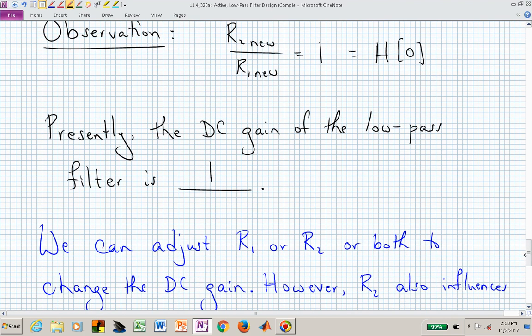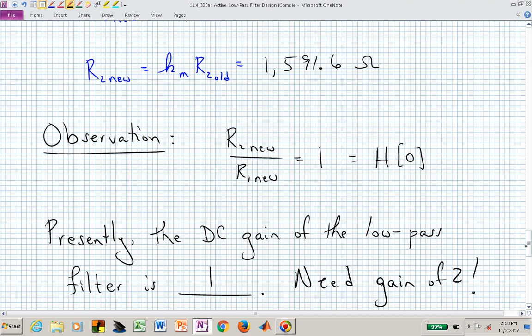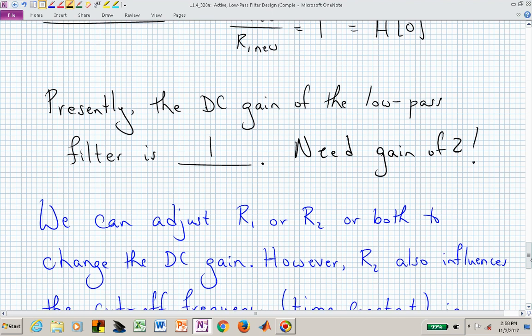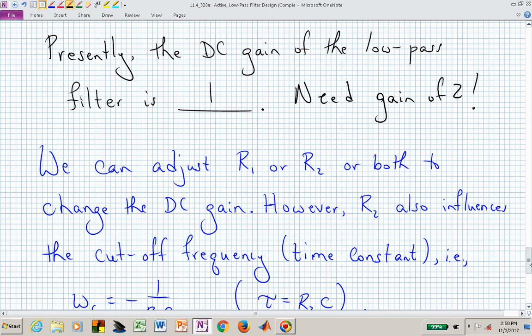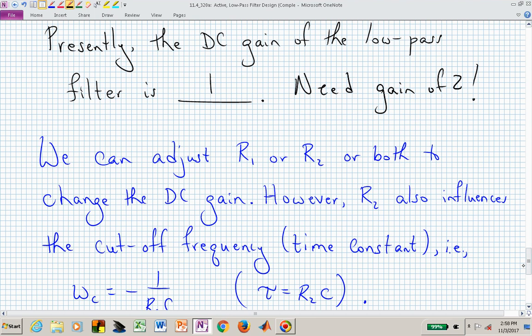We need a gain of 2. And we can adjust that gain by either adjusting R2 or R1 or both, because we know the gain is just their ratio. So let's look at this a little bit more closely. We can manipulate R1 or R2 or both to change the DC gain.